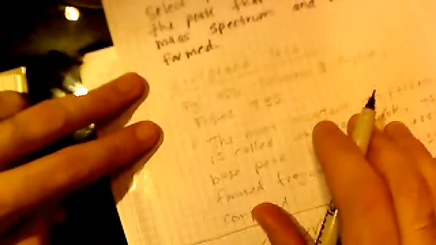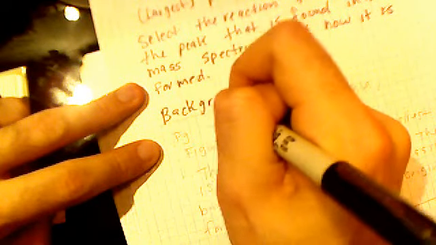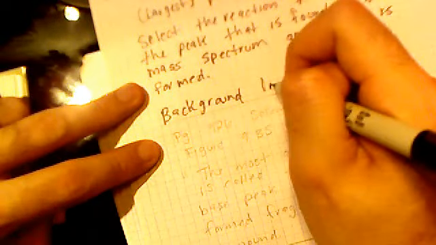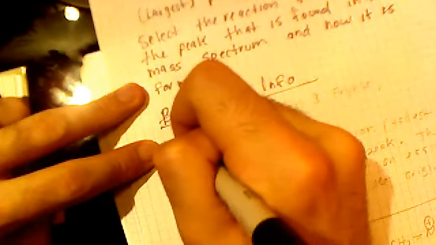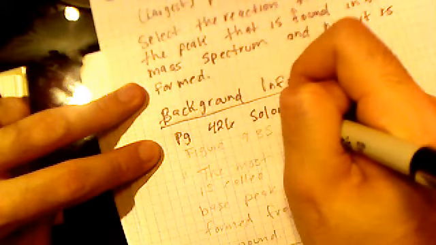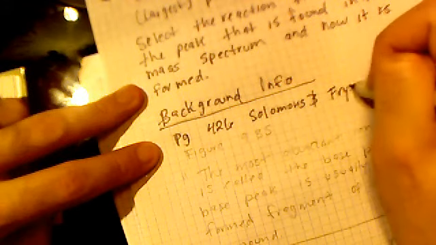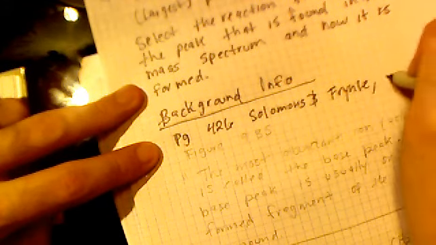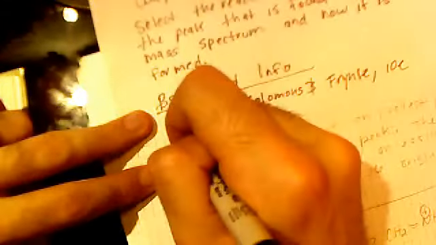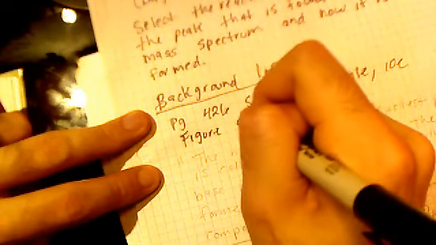Okay, so just some background info on base peaks, right? So I'm getting this from page 426 from Solomons and Fryhle Organic Chemistry 10th edition, and I'm looking at figure 9.35.